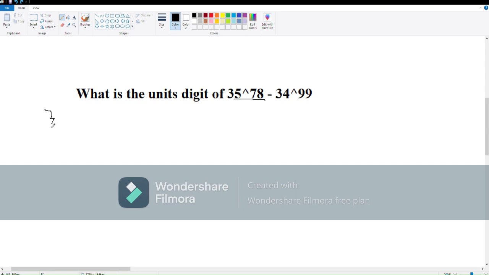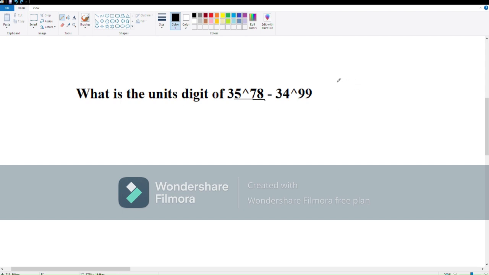So how do we find 35 to the 78th power, you may ask? Well, we won't obviously multiply 35 by itself 78 times. Instead, we'll use a little bit of logic.